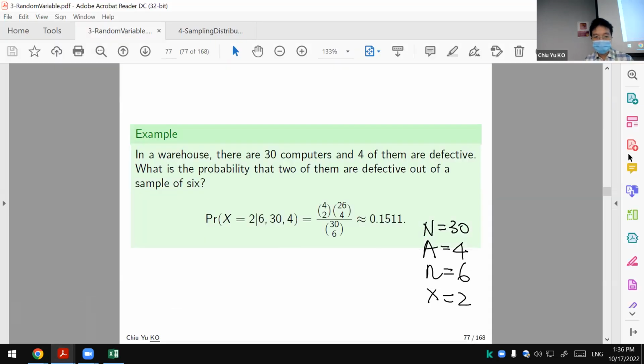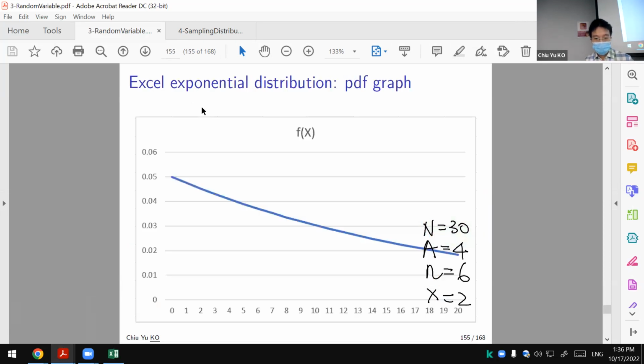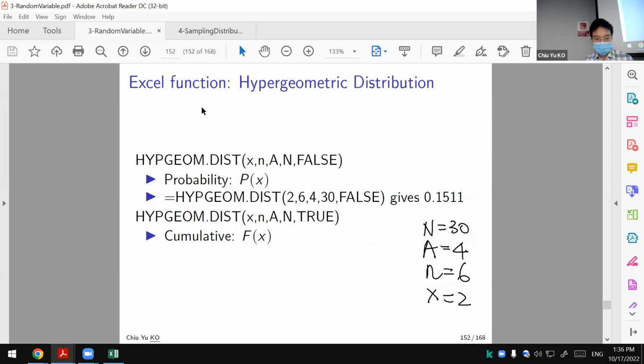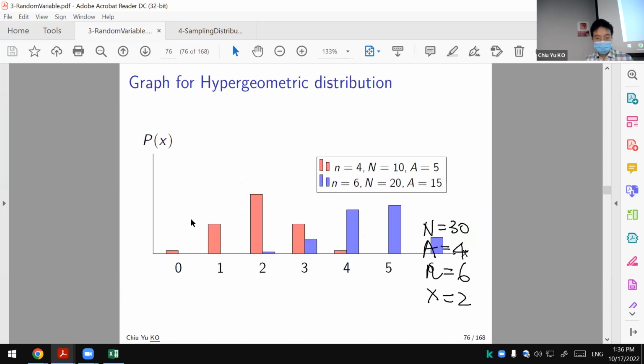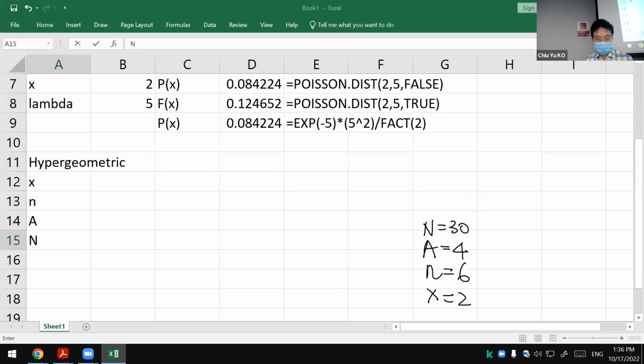Yeah, X, A, N. So X is 2, small n is 6, A is 4, big N is 30, right? So we can calculate P of X. And there are 2 ways to do it, so let's use the formula to do it.